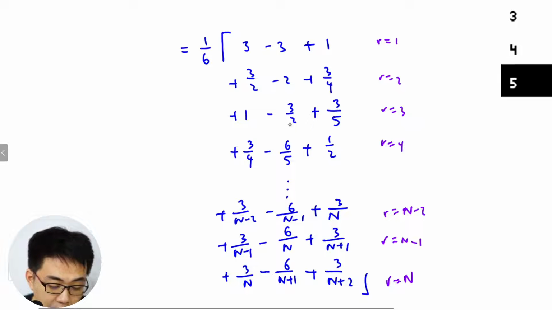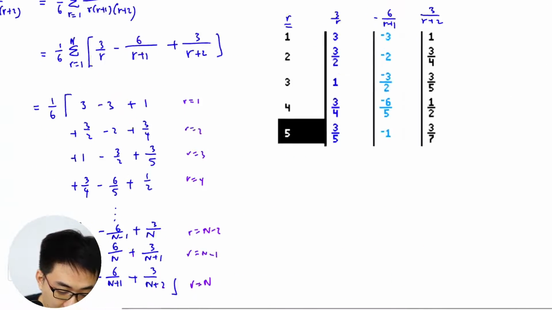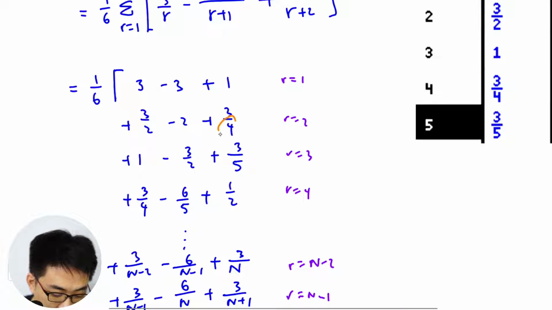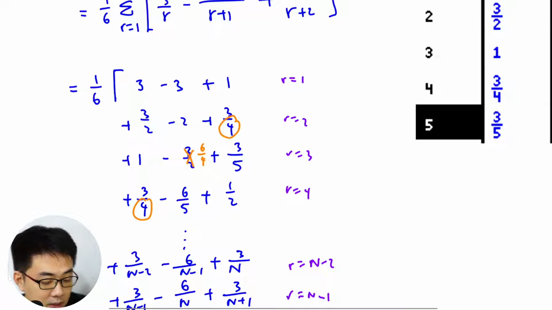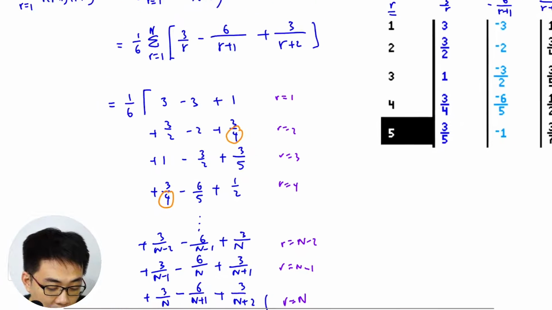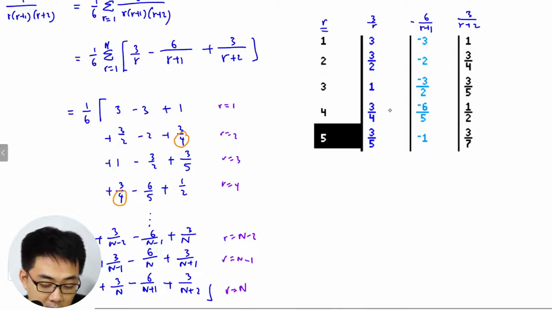So instead of 3 over 2 here, what you need to be able to tell is that if this is 4, this is 4. So the LCM will be 4. This is like 6 over 4. You should see this as 6 over 4. Because your calculator would just simplify it down for you, but you must know that this is actually negative 6 over 4. Okay, see this as this.